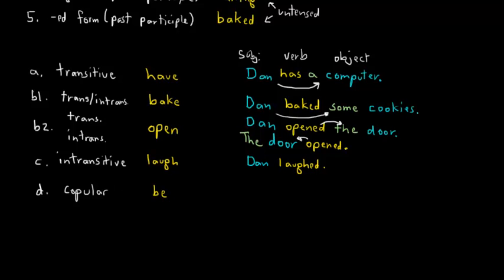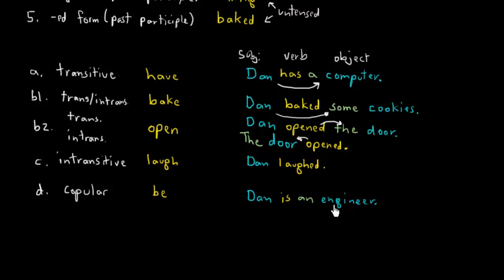It's giving us information that completes the thought about the subject. So let's put an example up. Dan is, okay, what is Dan? Dan is an engineer. Okay, it's always a good thing. So an engineer.